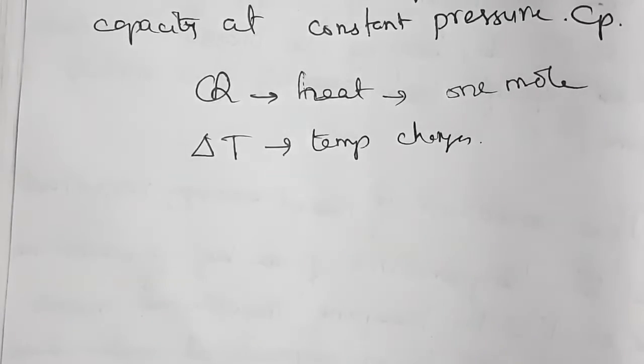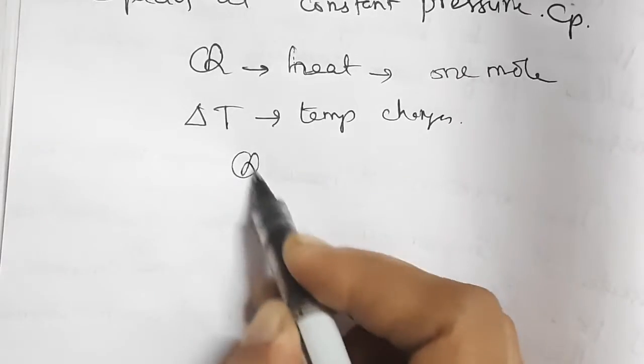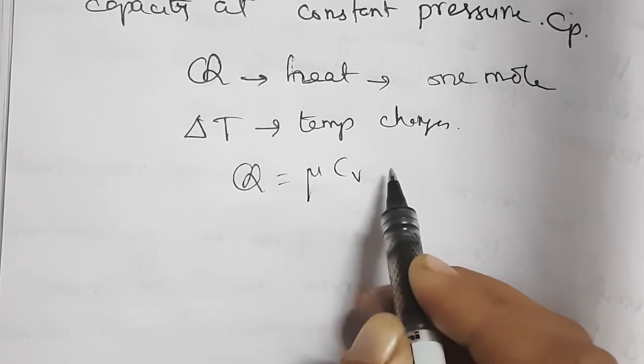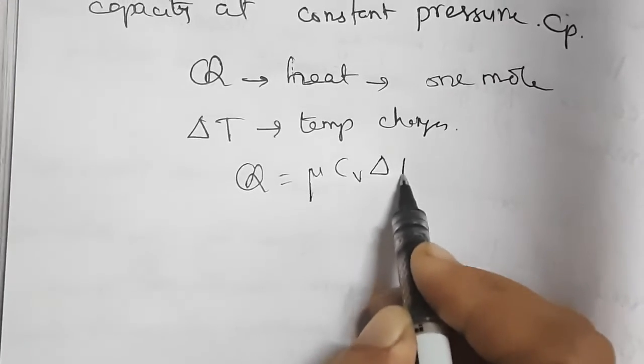Then we can have Q is equal to mu Cv delta T.